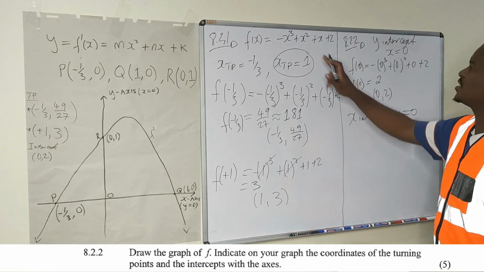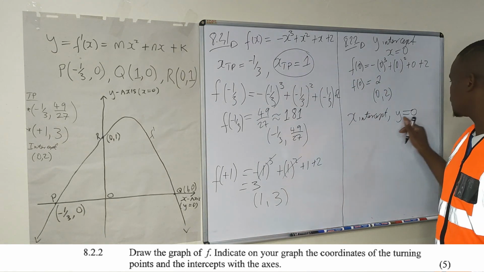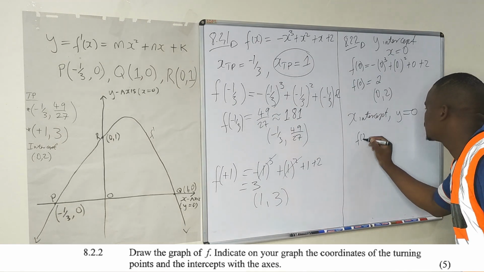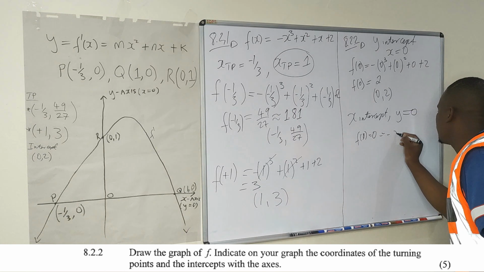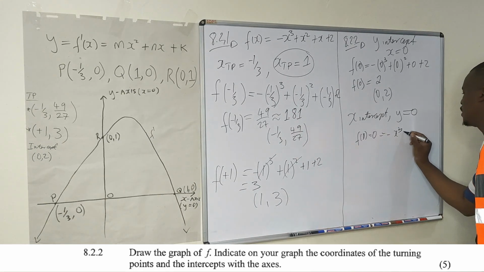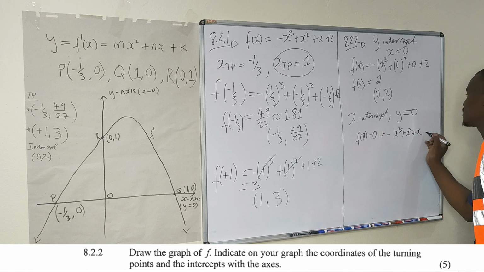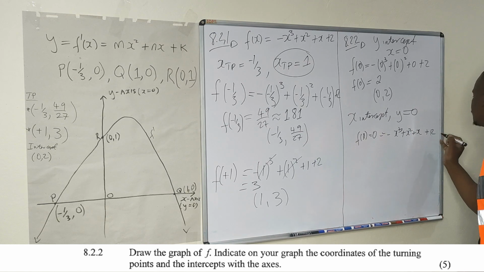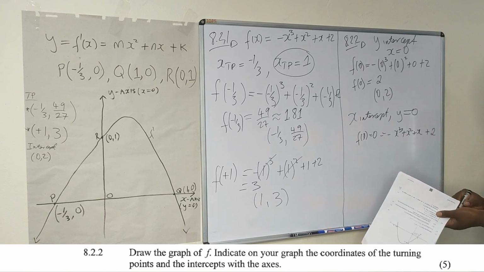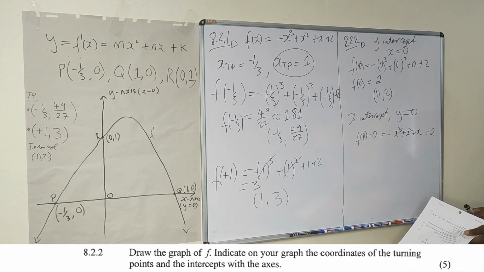We want our equation to give us 0, which is now f of x equal to 0, which is -x cubed plus x squared plus x plus 2. So this is what you have.